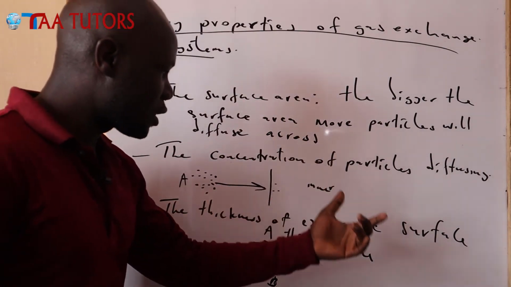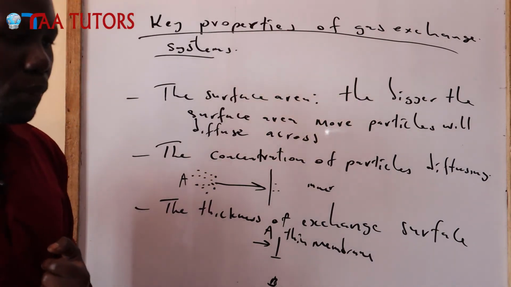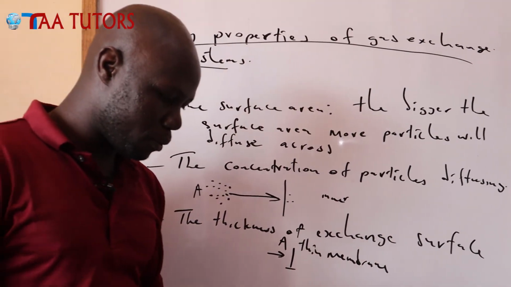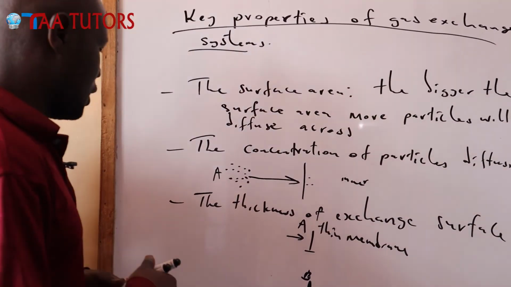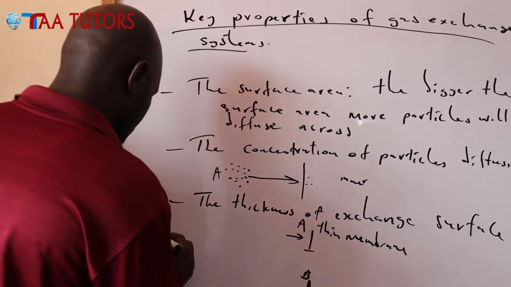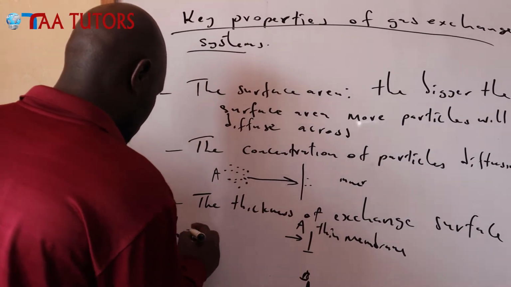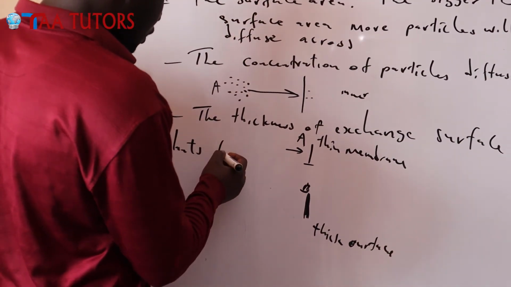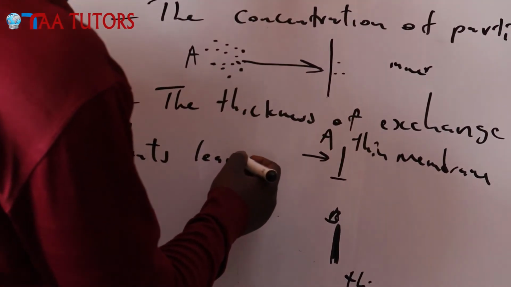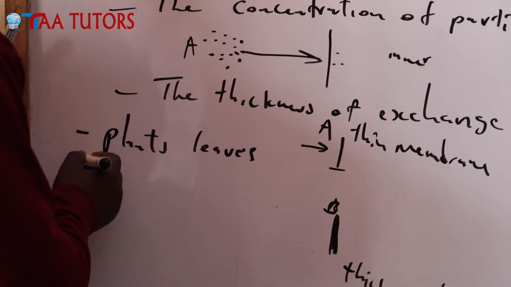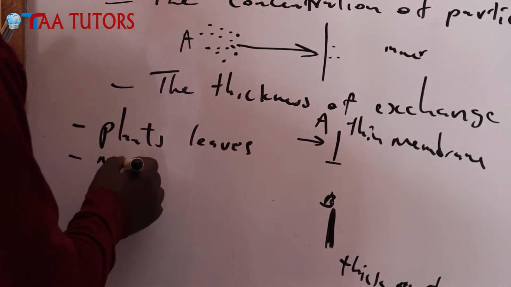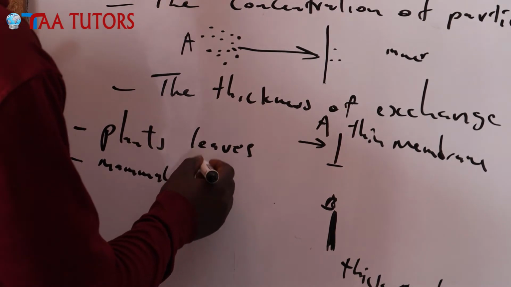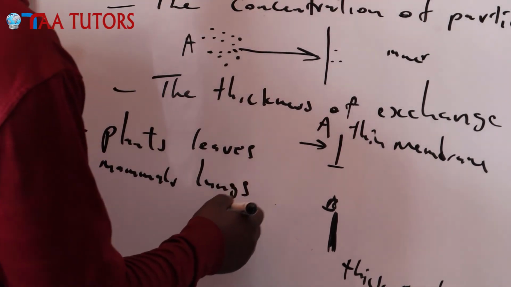We have various surfaces for gaseous exchange. For example, in plants we have what are called leaves. Leaves really help in gaseous exchange. In mammals, the lungs are the surface for gaseous exchange.